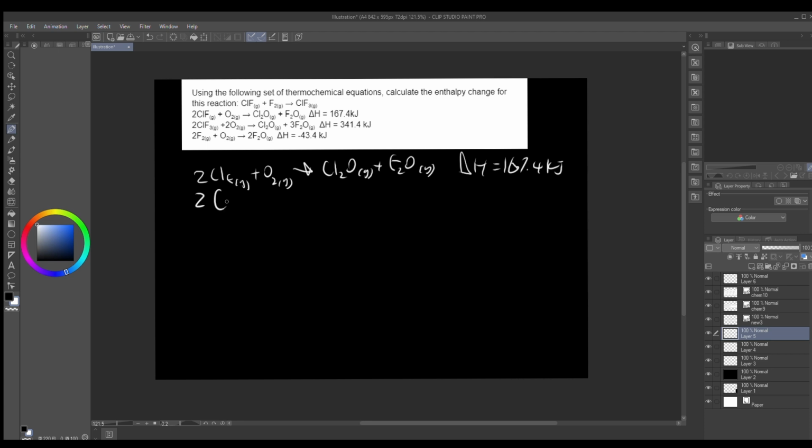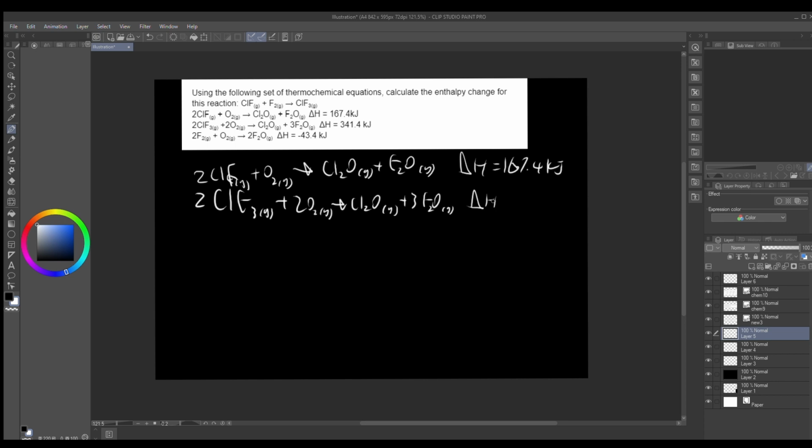And next we have 2ClF3 gas plus 2O2 gas becomes Cl2O gas plus 3F2O gas.